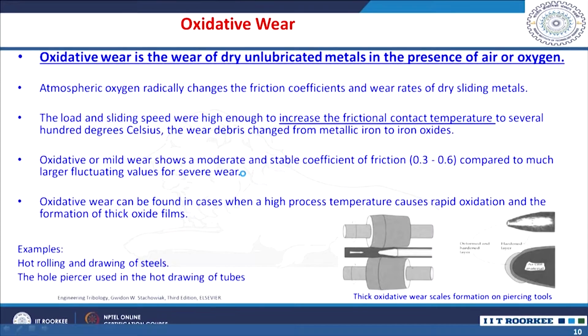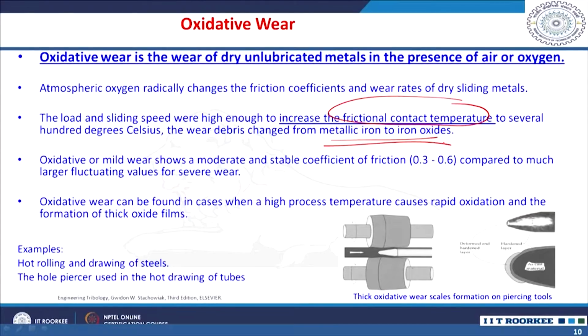Again, if the sliding parameters, such as loading and sliding speed, are high enough, they increase the frictional contact temperature to several hundreds of degrees Celsius, and then the wear debris changes from metal to metal oxides, right. So, you will see several examples where metal becomes metal oxides in such high contact temperature conditions because of the friction.